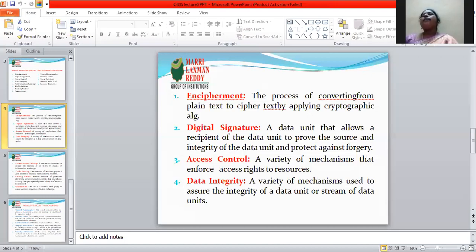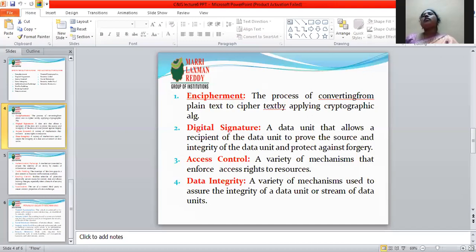We are providing security against forgery, that is digital signature.